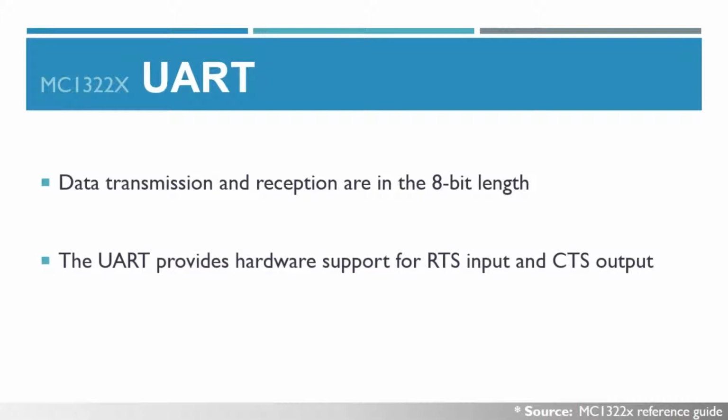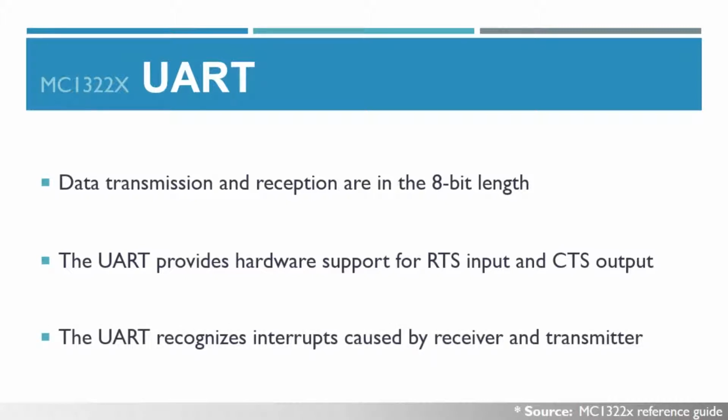The UART provides hardware support for the RTS input and the CTS output. The RTS is what is known as the ready-to-send input, and the CTS is the clear-to-send output. And also the UART recognizes interrupts caused by receiver and transmitter.